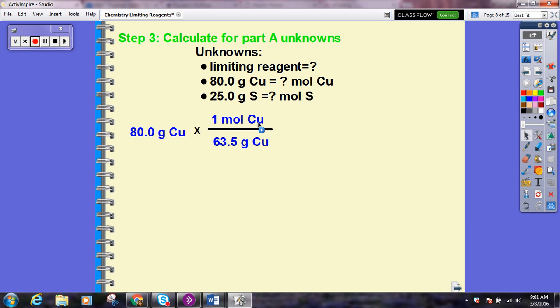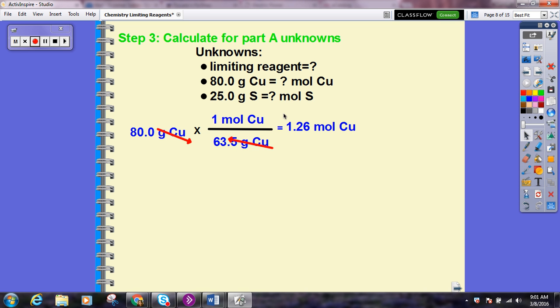So we're simply doing some easy math here. 80 grams of copper multiplied by 1 mole of copper over 63.5 grams. We cross out the grams of copper because we end up with moles. We end up with 1.26 moles of copper, that's 80 divided by 63.5. So fantastic, we now know our moles of copper.